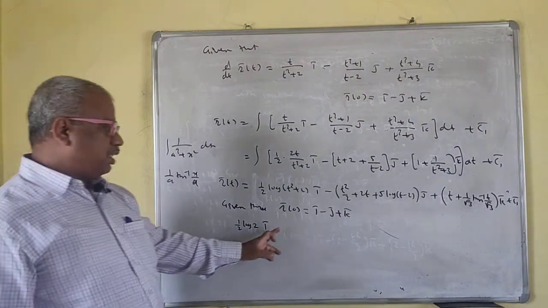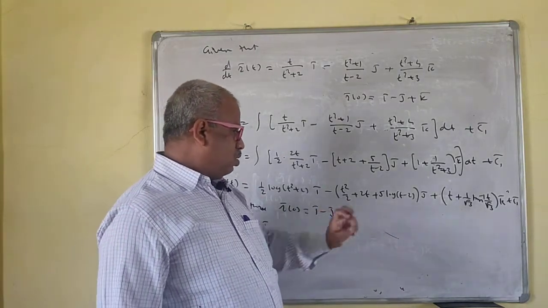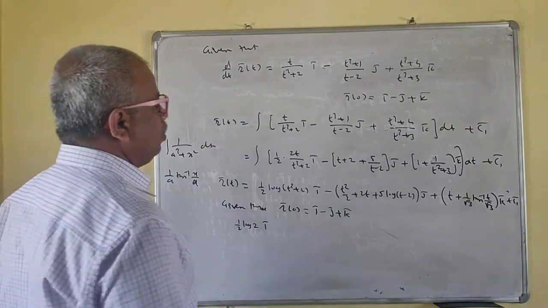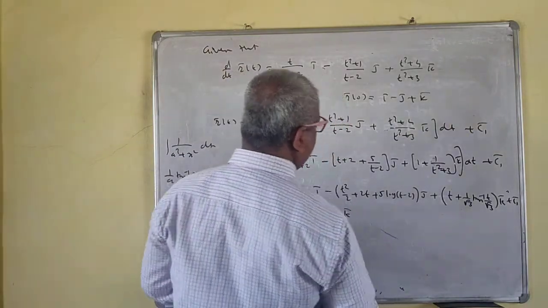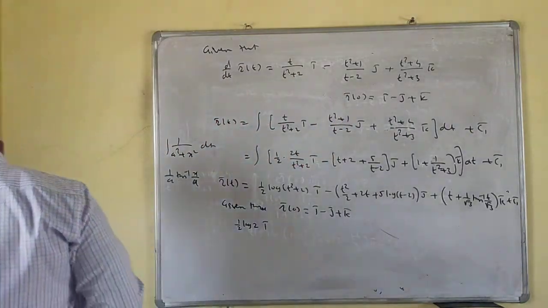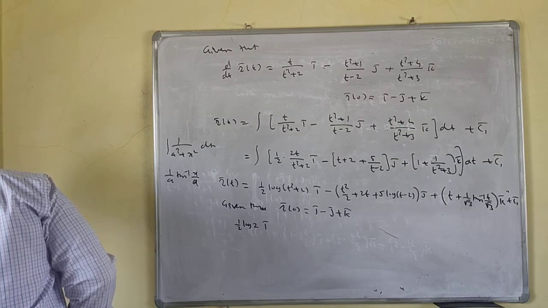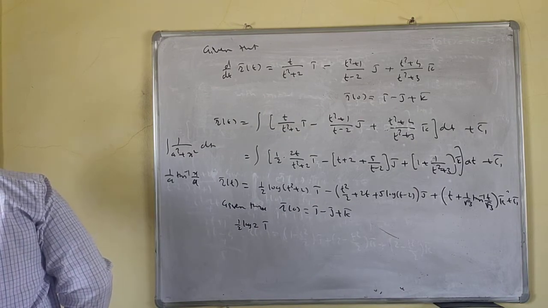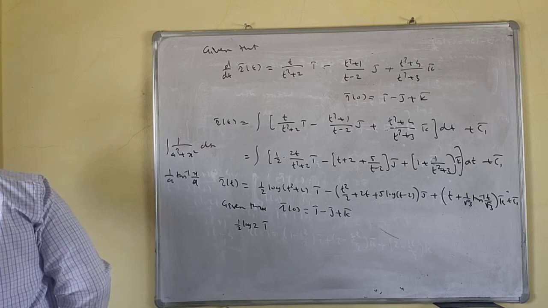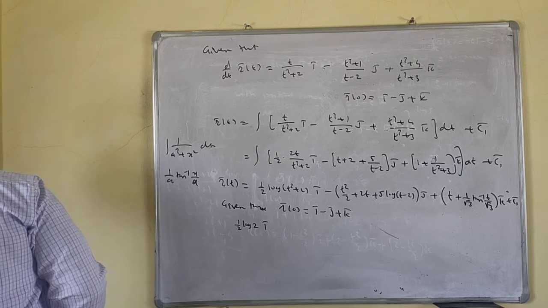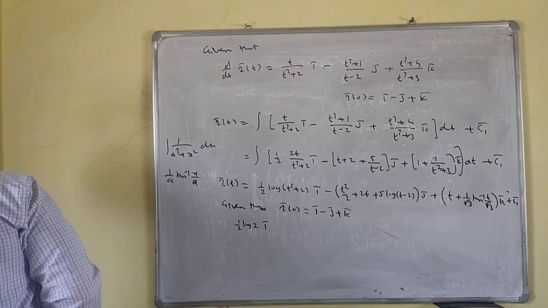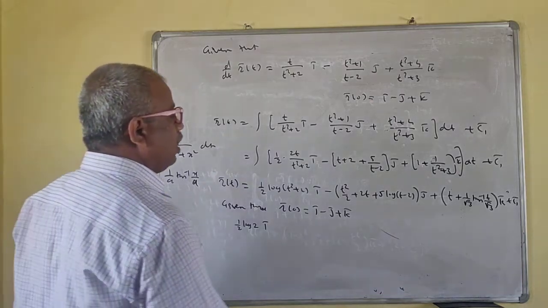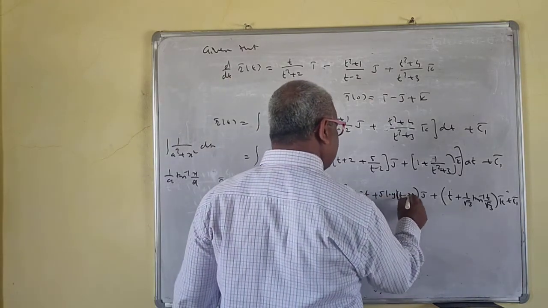Then minus 5 log of modulus t minus 2, here you have to take the modulus.